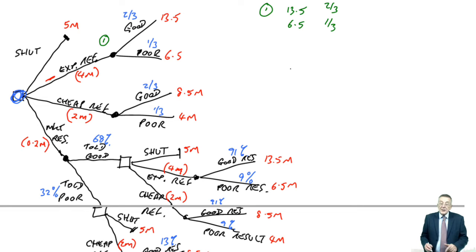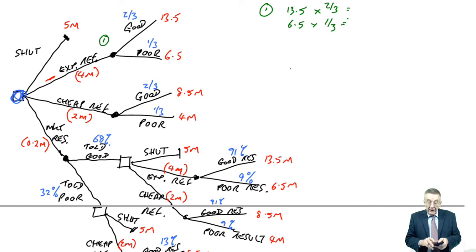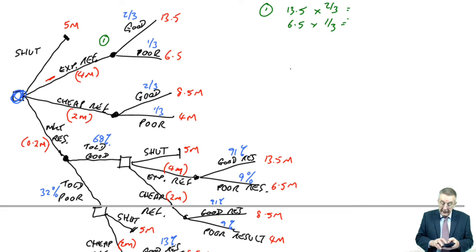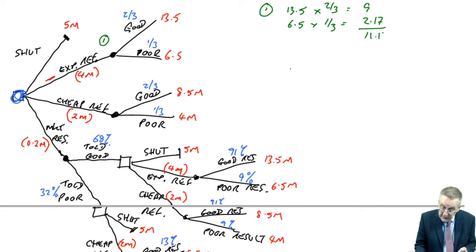And so we'll remove the uncertainty, we'll replace it with the expected value. So as always, multiply by the probabilities and add up. So 13.5 times 2/3 is 9. 6.5 times a third is 2.17. 11.17.